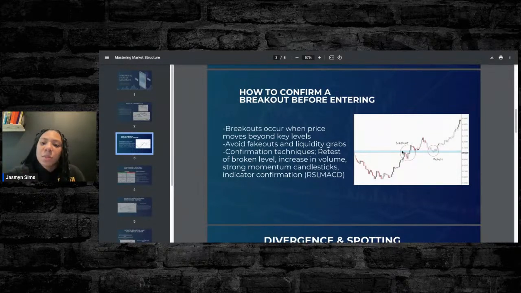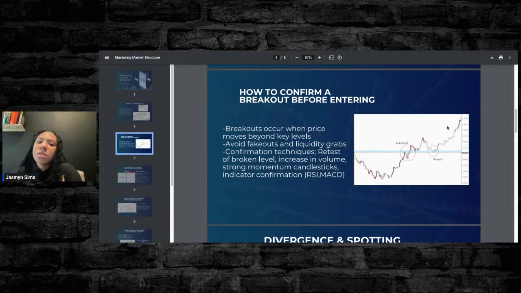So I'm assuming it's a resistance zone, just the way the chart is marked up. So the breakout is here. It rose above that area of support or resistance. It went up for a little bit more. It made a high right here, but it also came back down, retested that area of resistance or support, and then it shot back up.